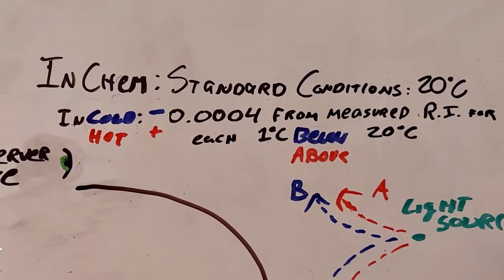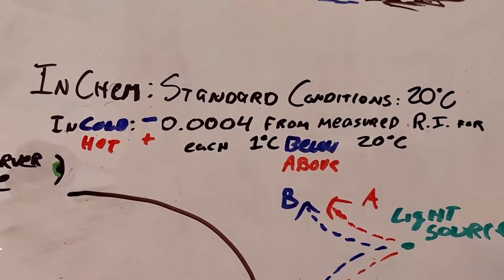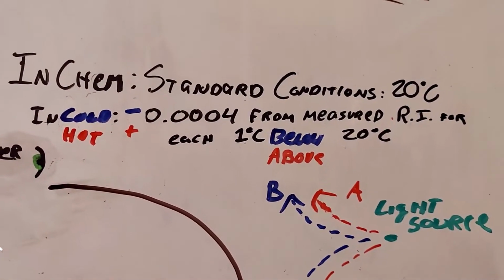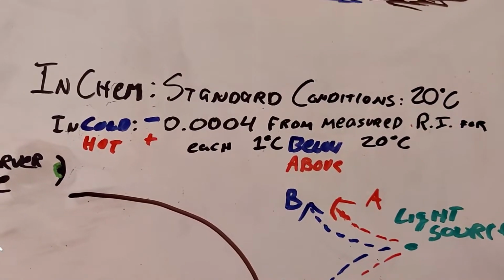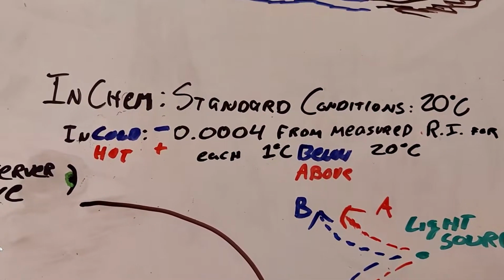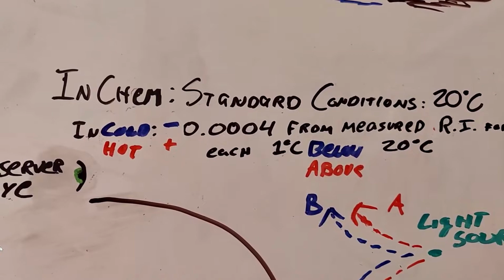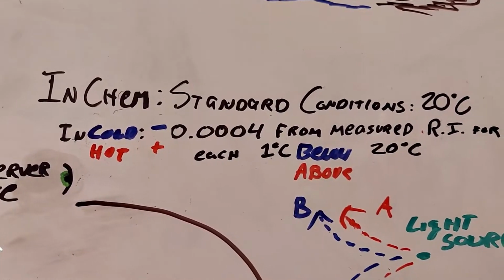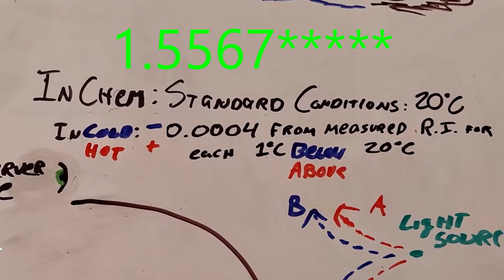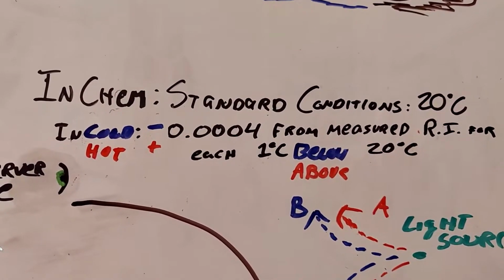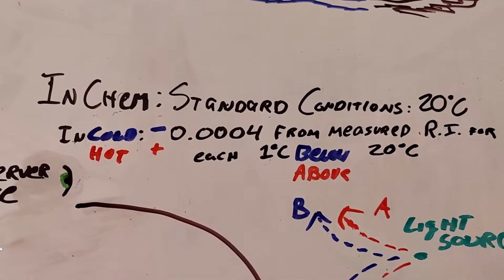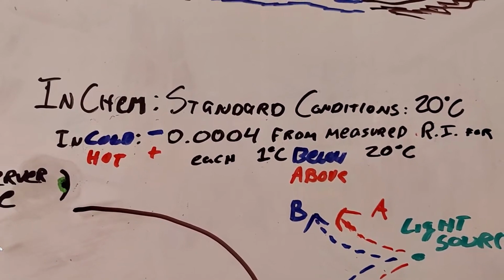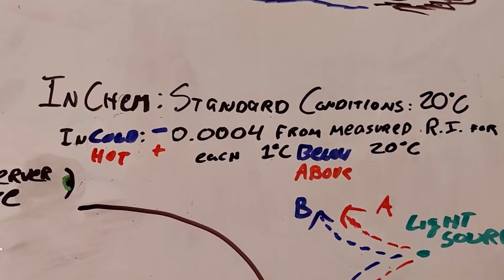Or if you add a degree for each 1 degree above 20 degrees, you go up in your refractive index. And so that would go from 1.5567 to 1.5571, or what did I say, 1.55?